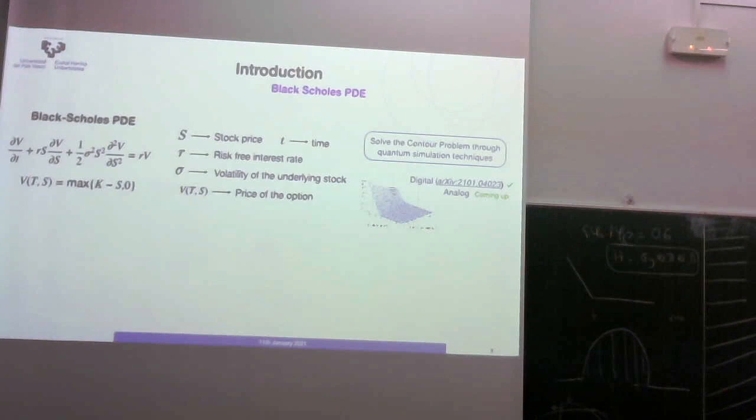So while we keep the number of operations depending polynomially on the number of qubits, we will have a certain advantage against classical techniques that also have a grid of 2 to the n points. And in this case, I don't know which would be a fair comparison against a classical method. Obviously, you cannot compare against the analytical solution, because it is supposed that the analytical solution exists for this particular case.